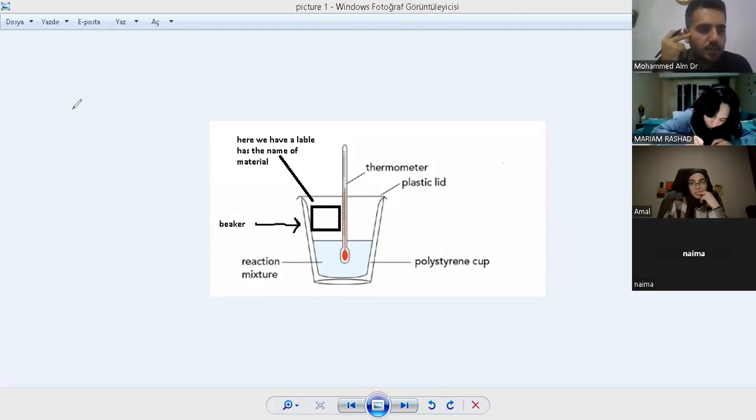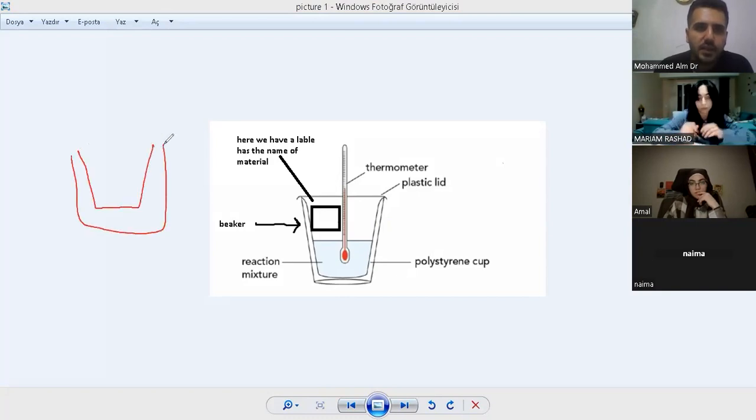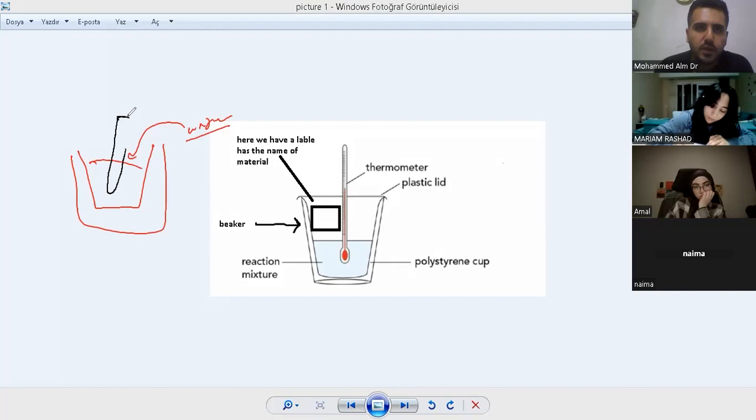Look, guys, first of all, we take this polystyrene cup, put it inside the beaker, and then we add water to it. We measure the temperature of the water. As soon as we put the water inside the polystyrene cup, we start to measure the temperature, okay?